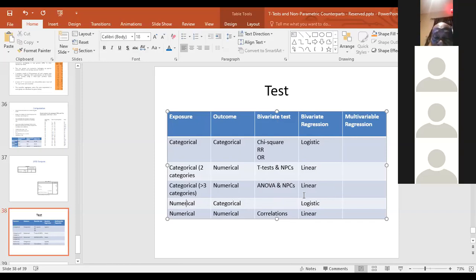Just like in linear regression, you can feed in a categorical variable. The only thing is, if you want to use a categorical variable for regression, either linear or logistic, you have to code it. You have to create a dummy variable.